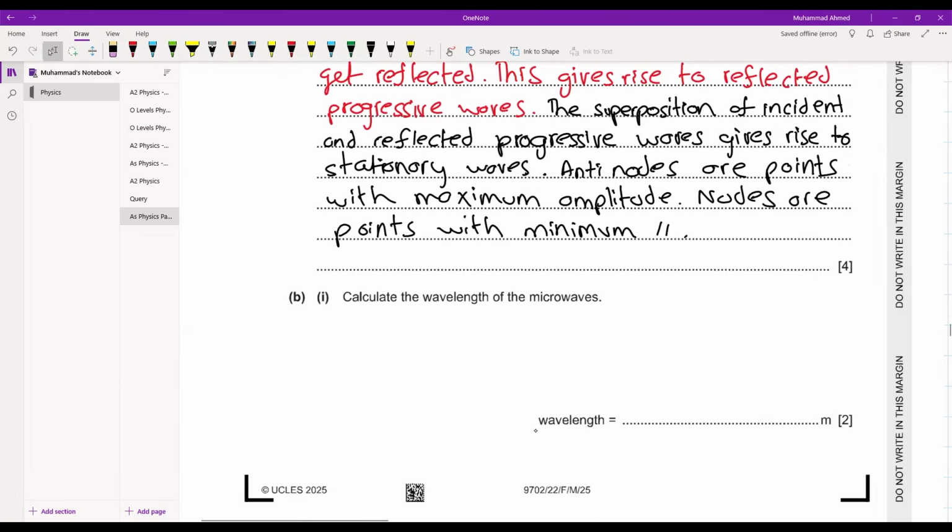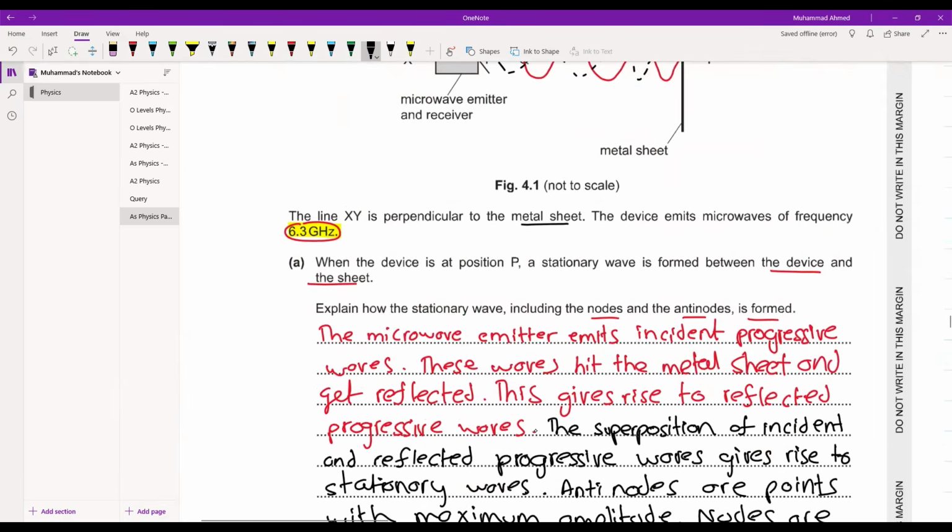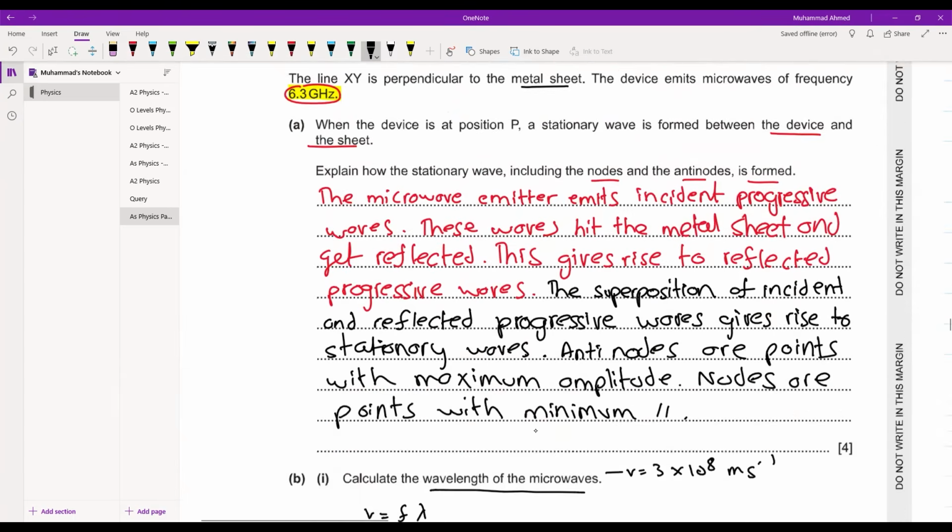Calculate the wavelength of the microwaves. V is equal to f lambda. All microwaves travel with the speed of light, that is 3 into 10 raised to the power of 8 m s minus 1. What is the frequency? 6.3 gigahertz.